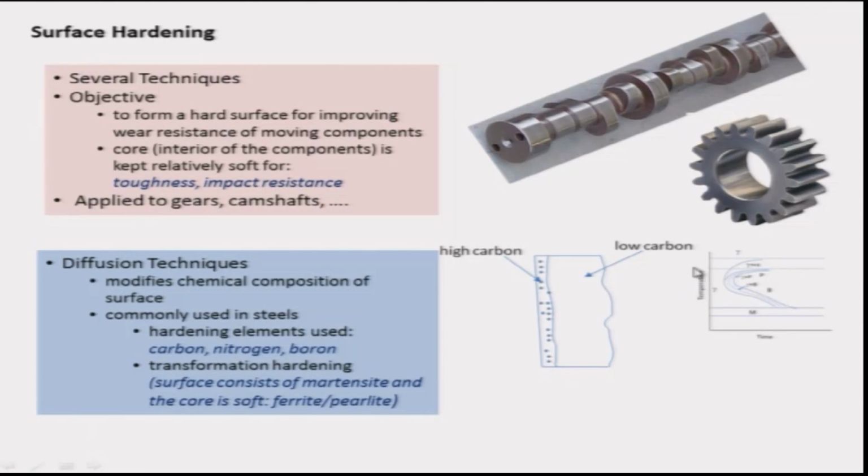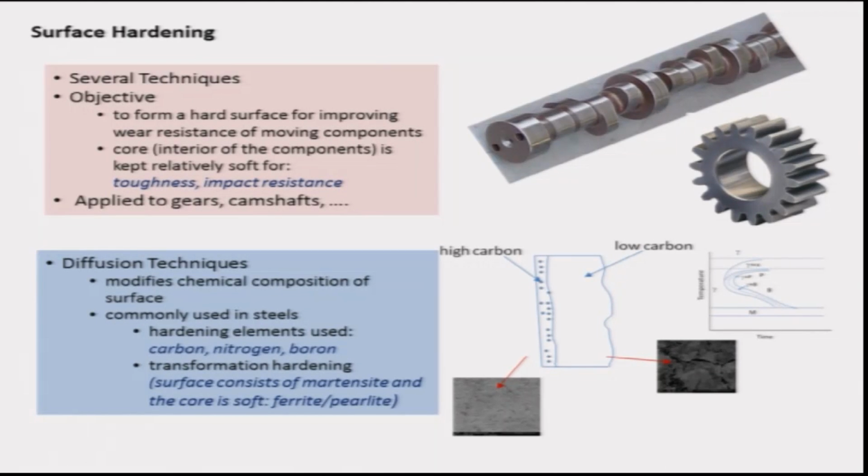Then for the same cooling rate, that cooling rate may not intersect the ferrite or the pearlite curves, and it would directly cool down into the martensite region, producing a hard surface consisting of a martensitic structure, as illustrated here. So, in the core you have a ferrite pearlite structure, and in the surface layers you have a martensitic structure, a hard surface is produced.